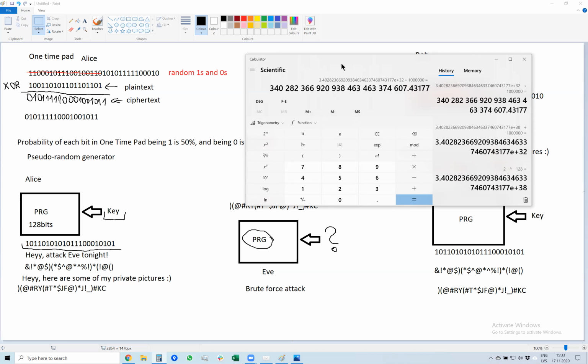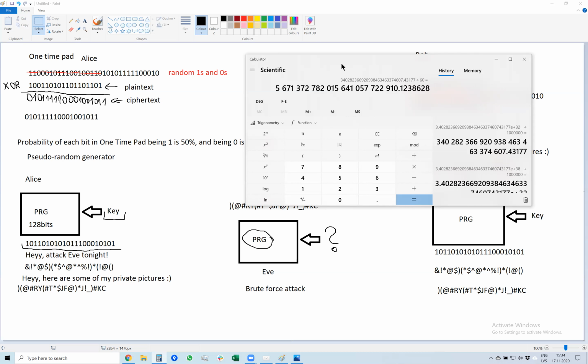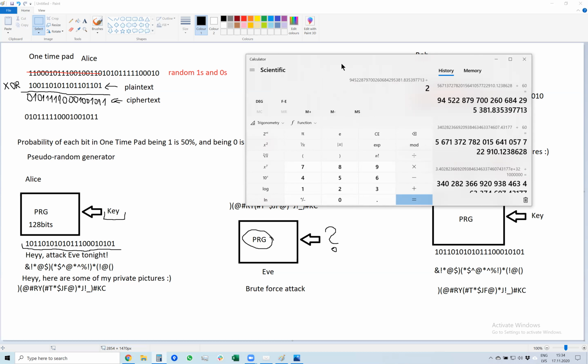with 1 million computers, and each computer trying one password in 1 microsecond, right? So 1 million passwords per second. Now, these are seconds. We need to divide them by 60 to get minutes, by 60 to get hours, by 24 hours per day, and then by 365 days per year.